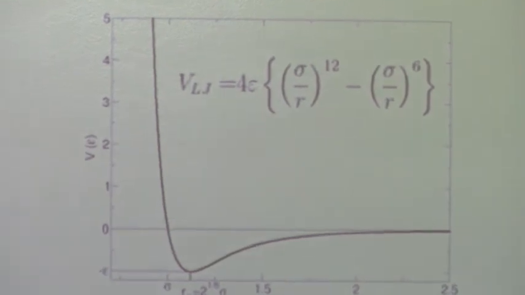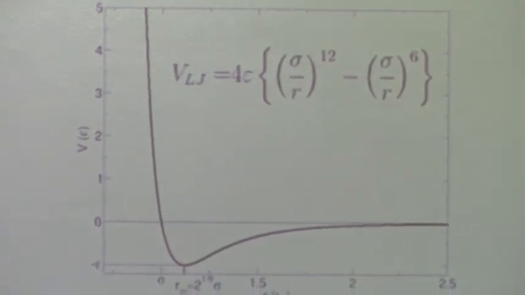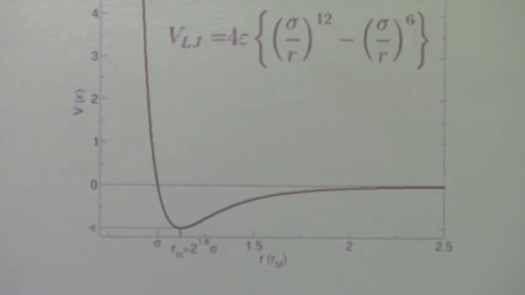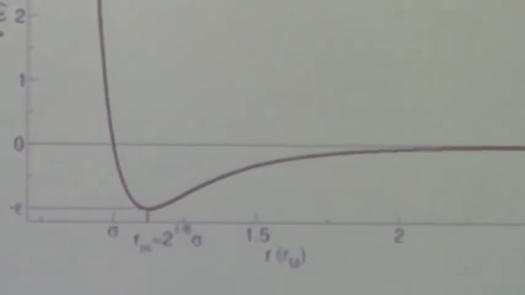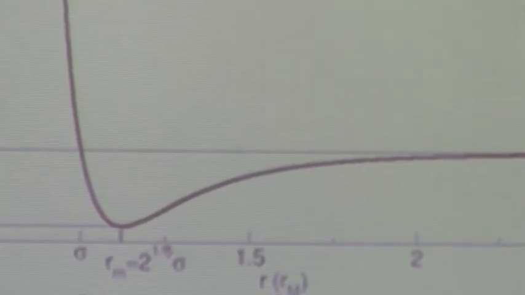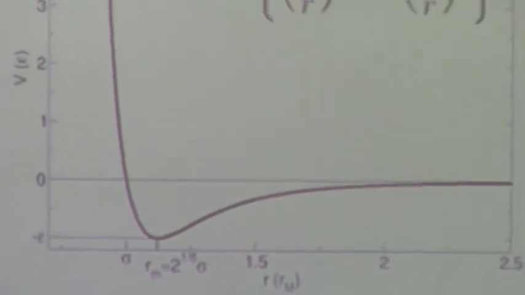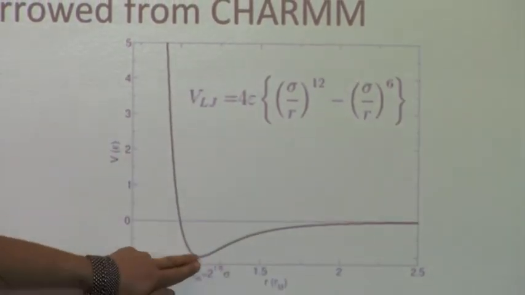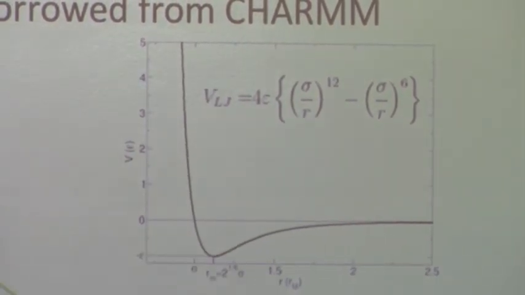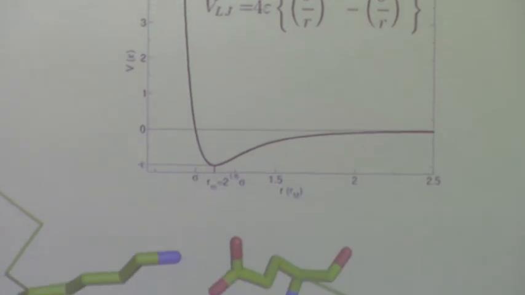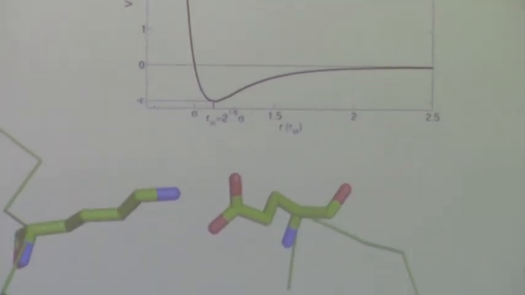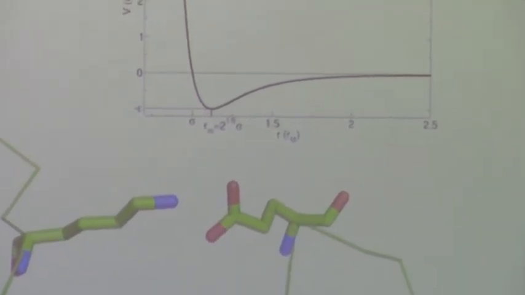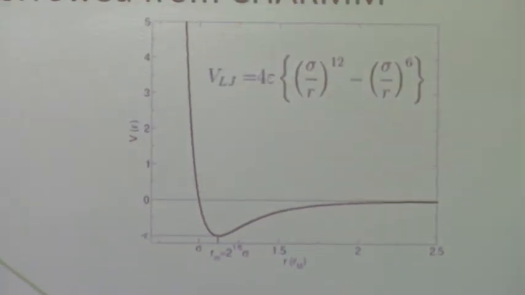But if they get too close, they push each other away because of the Pauli exclusion principle. One easy way to account for that is what's known as a Lennard-Jones potential. In molecular mechanics, this is really, really common, where you just have some repulsive term and then some attractive term, and it bottoms out at whatever we've experimentally determined are the usual distances between those atoms in crystal structures. So whenever there's a clash, it's that term that blows up. If you see that term is like 10 billion or whatever, it means atoms are on top of each other.